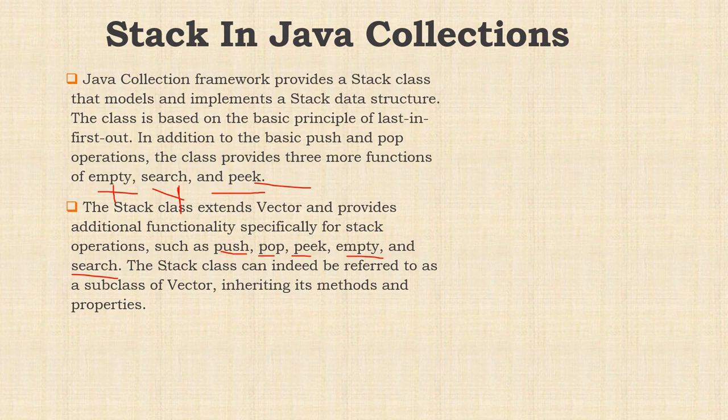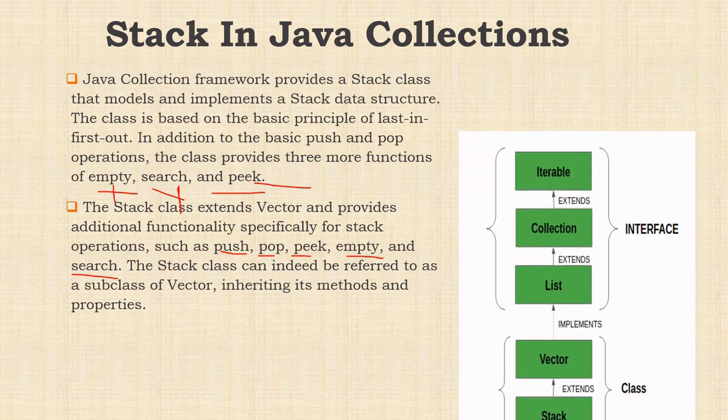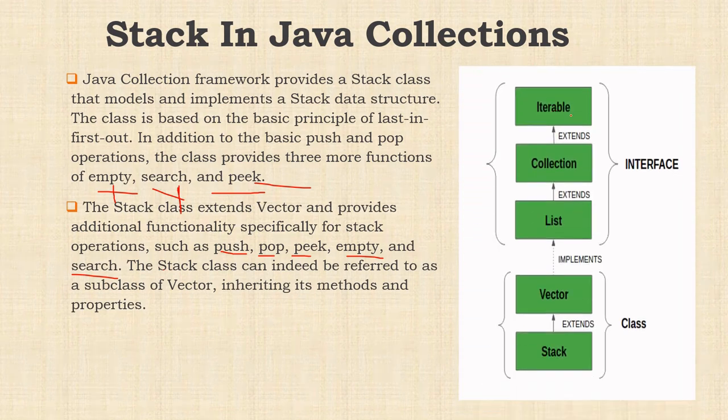The Stack can indeed be referred to as a subclass of Vector, inheriting its methods and properties. So a Stack extends the Vector. Vector is also an implementation of List, and List is an interface. So Vector is an implementation of List, and Stack extends this Vector class.